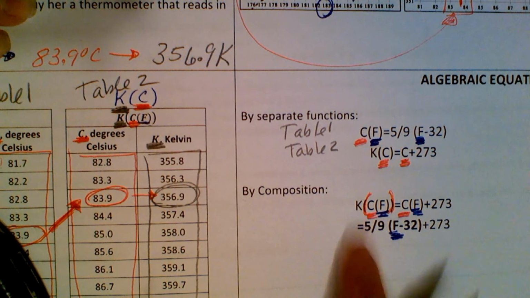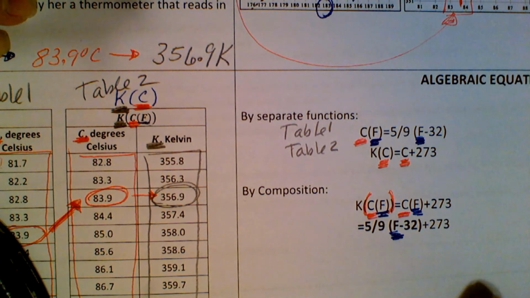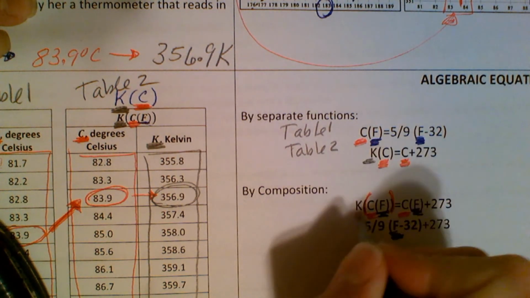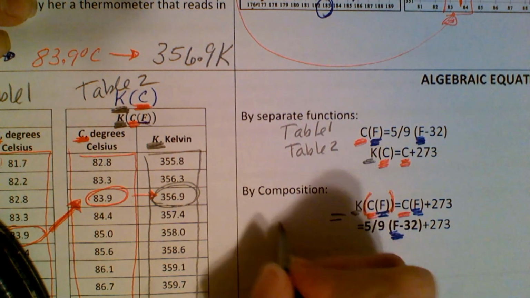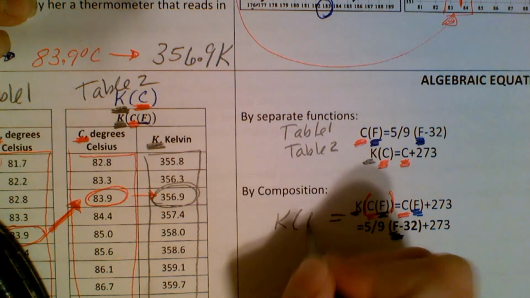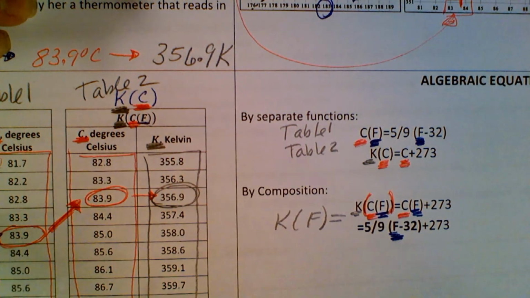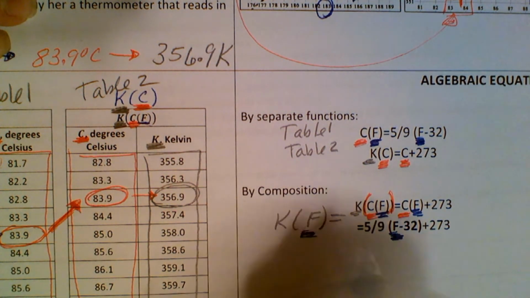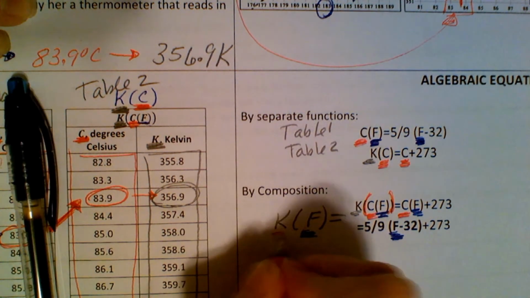And I don't see it at the end. That's the idea of an entire composition of functions. And then I end up with a K function. So ultimately what I have at the end here is K of F, because I've kind of simplified all of that down. So this is just your brief introduction to composition of functions.